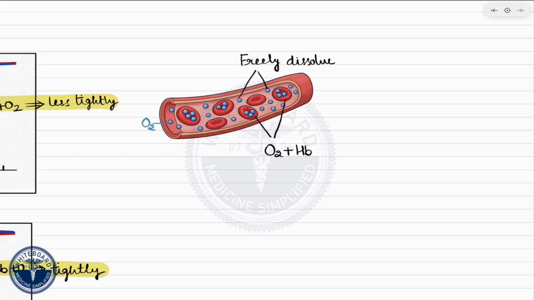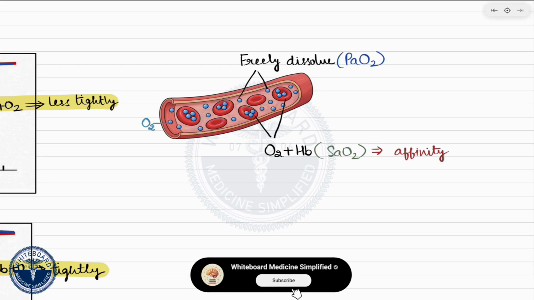And this is what allows the blood to carry a large amount of oxygen. So PaO₂ tells us about the oxygen freely dissolved in the blood, while SaO₂ tells us about the oxygen attached to hemoglobin. Now the important thing is that hemoglobin does not always hold oxygen with exactly the same strength. We call this its affinity for oxygen. So hemoglobin does not always have the same affinity for oxygen.